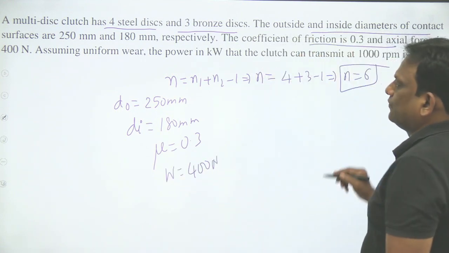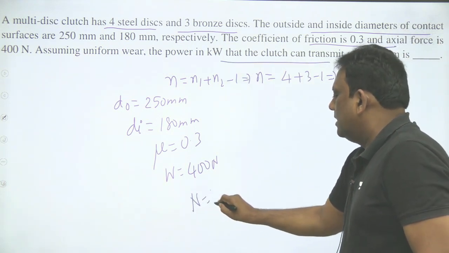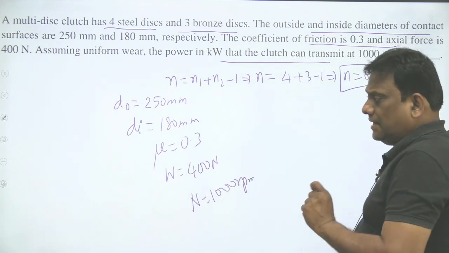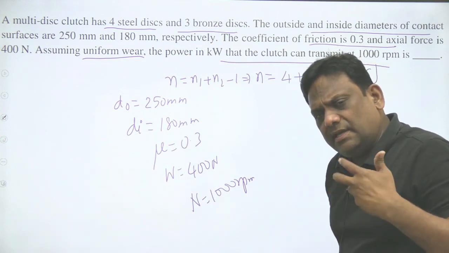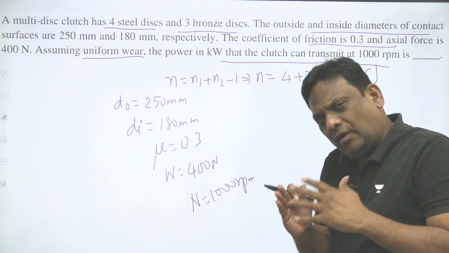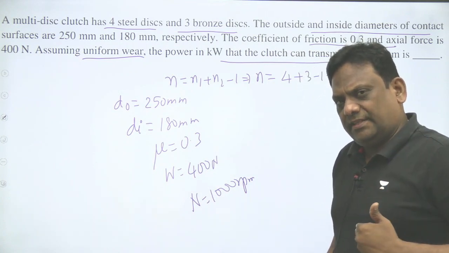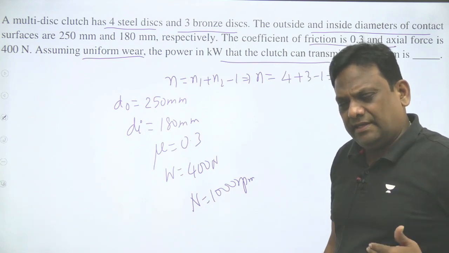See, axial force is 400. What is the power that is transmitted at a speed of how much? 1000 RPM. No problem at all. And he said, assume uniform wear theory. When I was discussing in your regular classes, I have given what is uniform wear theory, why PR is constant in uniform wear theory, and when is uniform pressure theory used, under what conditions uniform wear theory is used.